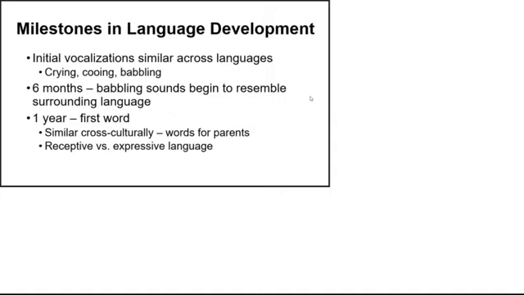And so a lot of our initial vocalizations are going to be similar regardless of the language that the parents speak. We kind of mentioned this before, that when we're born, we are capable of producing all of those possible phonemes. We are capable of producing all of the sounds that are possible in any real language.